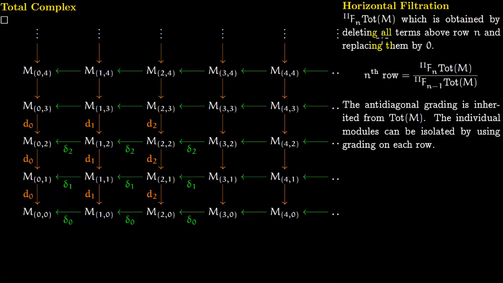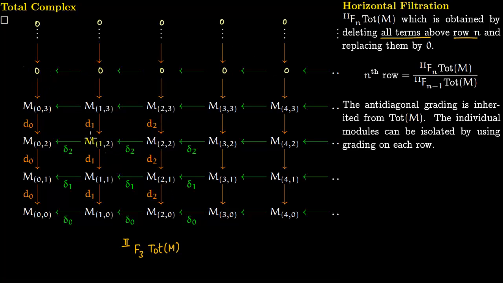So this is obtained by deleting all terms above a particular row n and replacing them by 0. So say we want to talk about this filtration 2F3 of Tot of M. So that means above row 3 we will just put zeros.